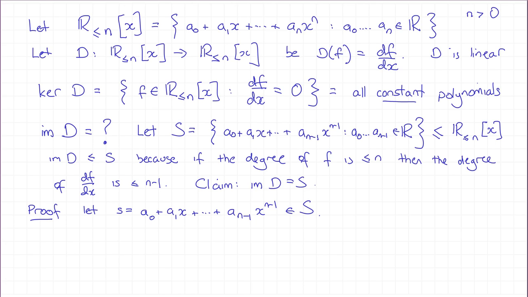All right, but that's easy for us to do. We can just integrate s term by term, and then we'll get something whose derivative is the same polynomial we started off with. So integrating term by term, I get a0x plus a1x squared over 2, and so on, just integrating every single one term by term, an minus 1 x to the n over n.